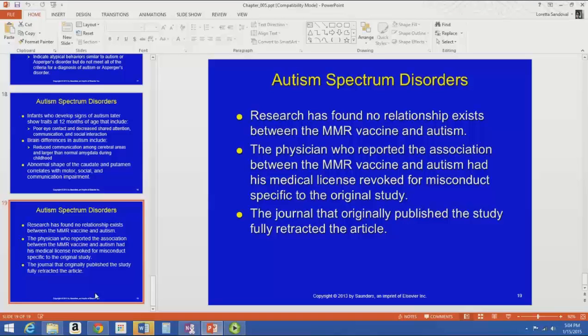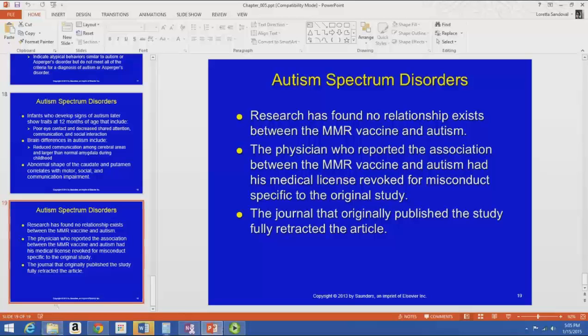So unfortunately, that caused a lot of repercussions in parents not wanting to get their children vaccinated, and that can be a big problem down the line. Even though a lot of publicity was made of that, there is no relationship between the MMR vaccine and autism. It's actually a physical brain developmental disorder.